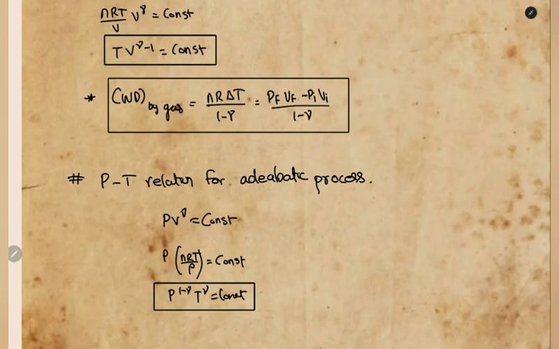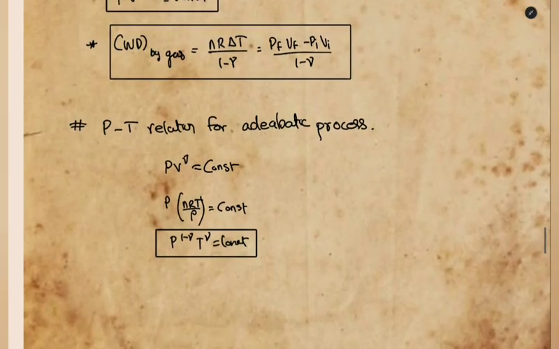So work done by the gas is equal to nR delta T by 1 minus gamma. Remember it, again a formula. So what is nR delta T? n is a constant, R is a constant, and delta T is given, which means it's simply delta PV. This is just a formula, just remember it. The proof of it is not important, the formula is very important.